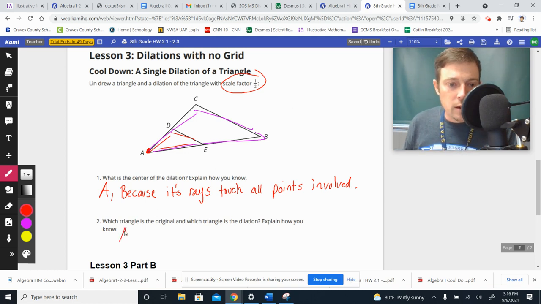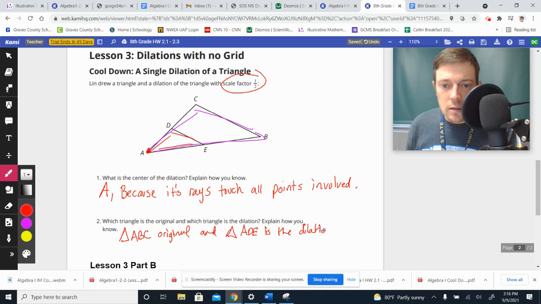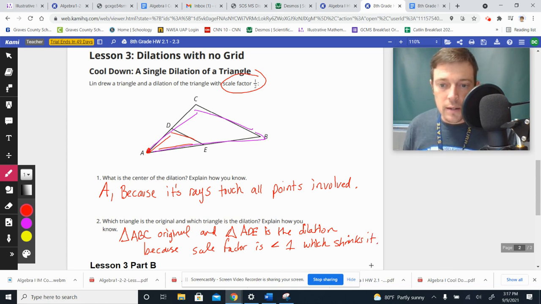So I know that triangle ABC or ACB, whichever way you want to call it, the bigger purple one, was the original, and triangle ADE is the dilation because the scale factor is less than 1, which shrinks it. So the original must have been larger, and the dilation must have been smaller.